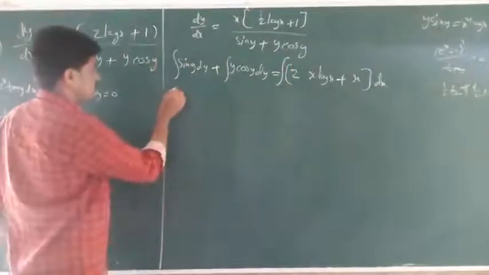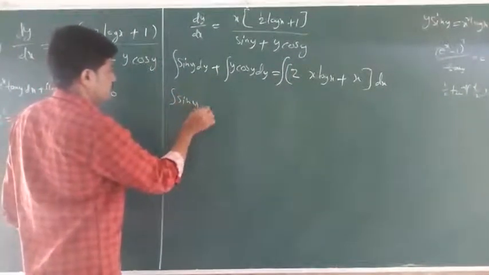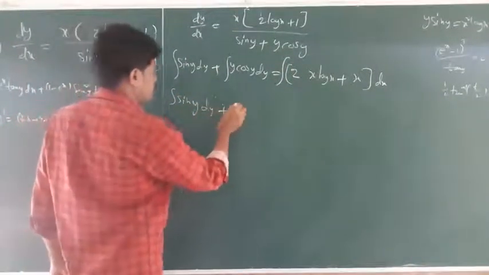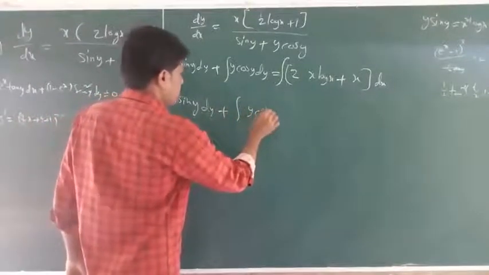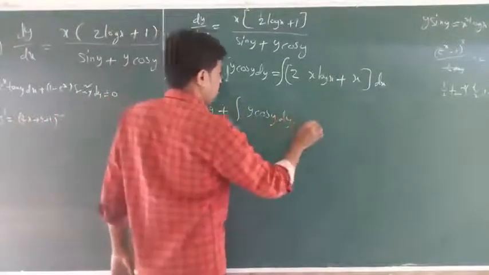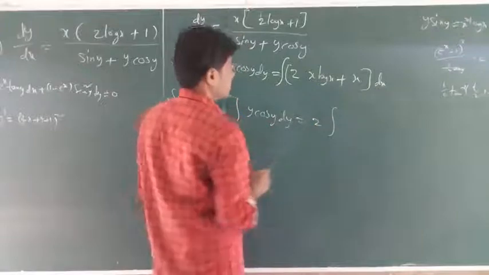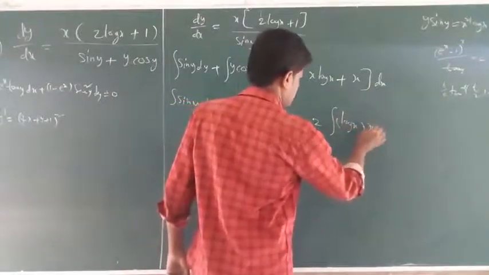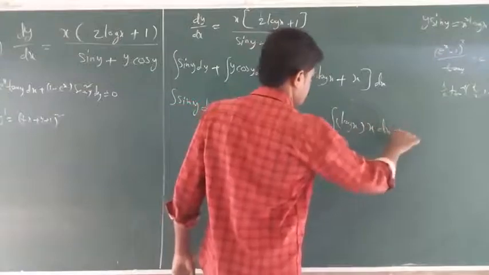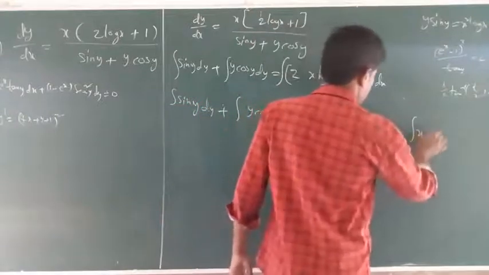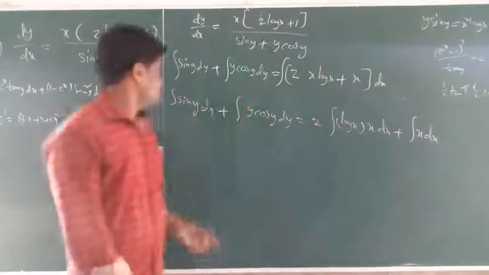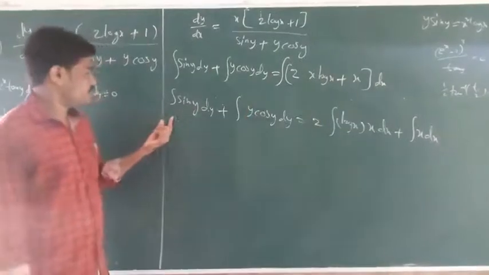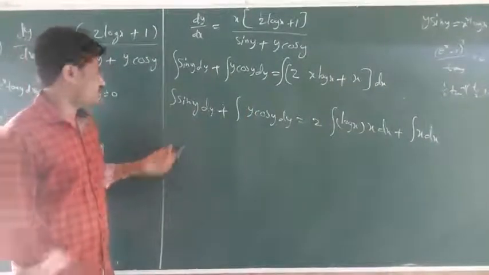So this is integration of sin y dy plus integration of y into cos y dy, and outside, integration of 2 x log x dx plus integration of x dx. I am selecting log x first. So this one is direct integration: integration of sin y is minus cos y.